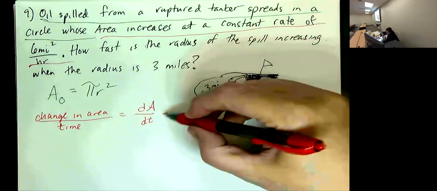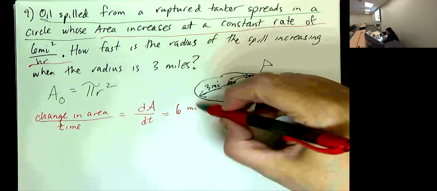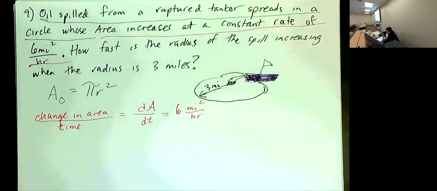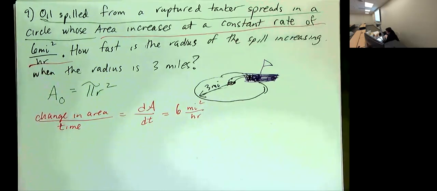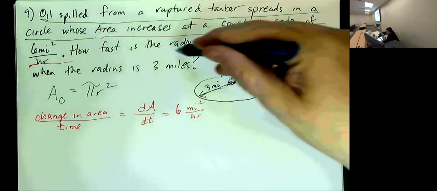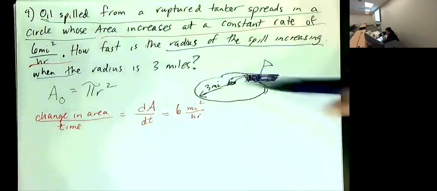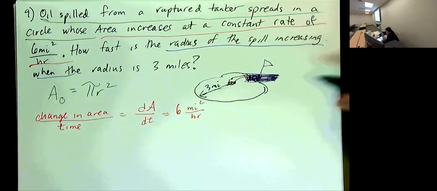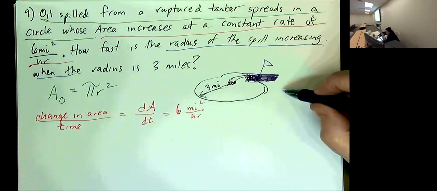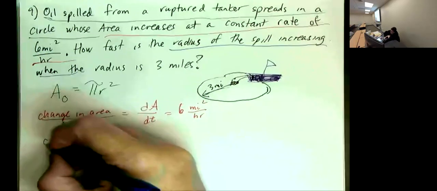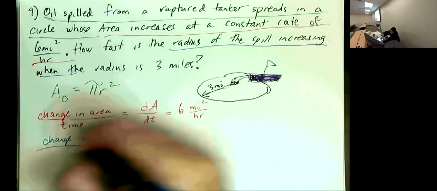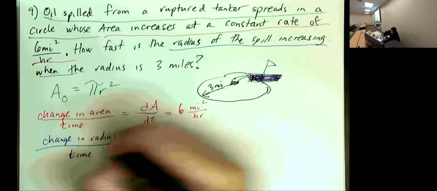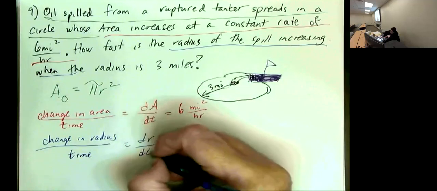So that's 6 miles squared per hour. And they want to know how fast is the radius of the spill increasing. So if the radius is increasing, it's changing with respect to time. Change in radius with respect to time is dr dt, which is what we don't know.